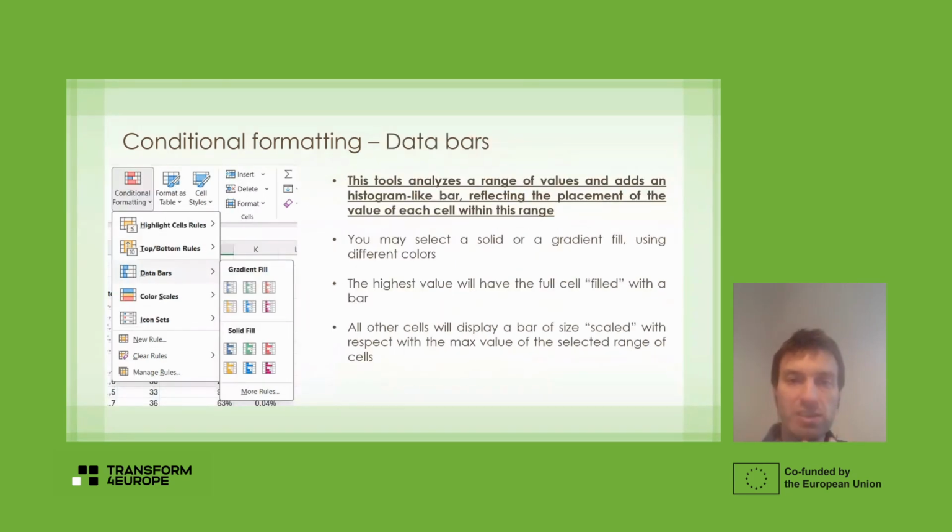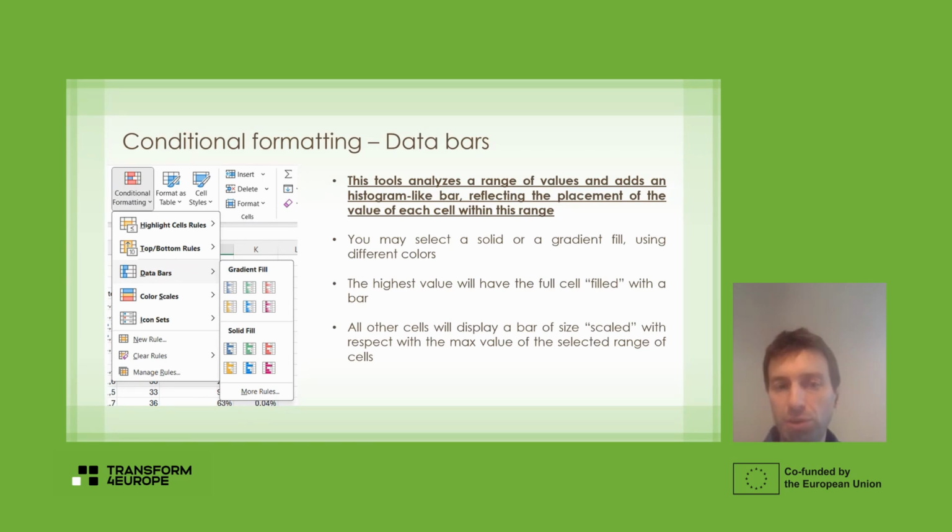Then something more fancy is the addition of data bars. If you click on data bars, what you could do is to add either a gradient fill or a solid fill on the background of your cell. So this will actually include a sort of histogram-like bar on the background of your cell, behind the text.